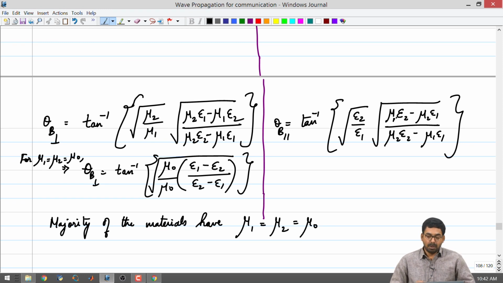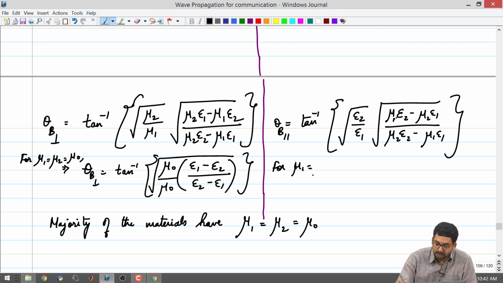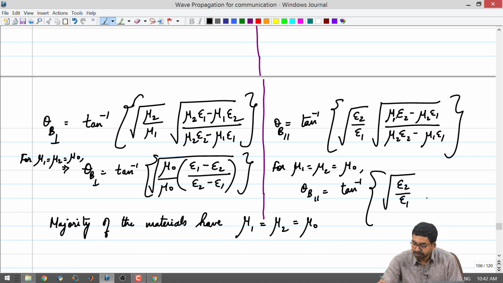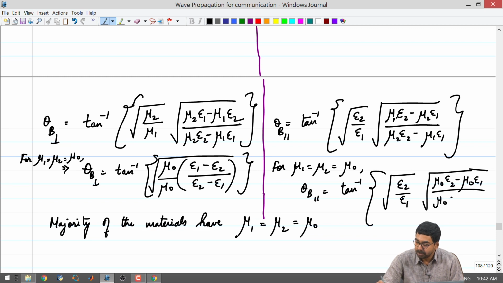Right. Now, how about we apply the same condition to the right hand side? For mu1 equal to mu2 equal to mu naught, theta b parallel is tan inverse of square root of epsilon 2 by epsilon 1 times mu naught epsilon 2 minus mu naught epsilon 1 divided by mu naught epsilon 2 minus mu naught epsilon 1.